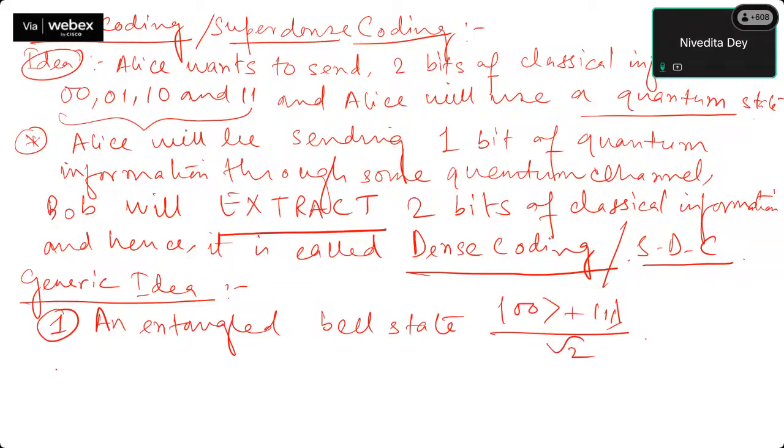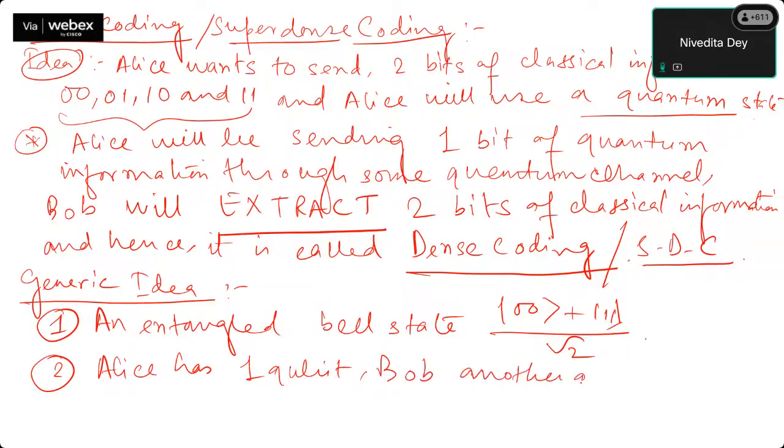We'll be starting with that. Second is, out of the Bell state, one qubit will be with Alice and Bob has another qubit of the Bell state. They will share one qubit each.